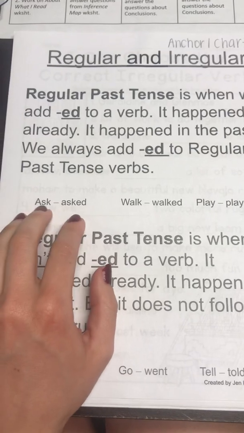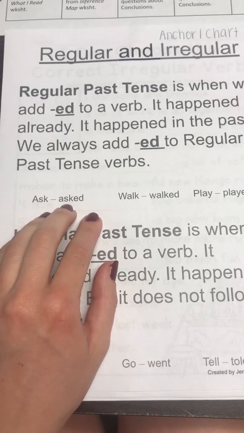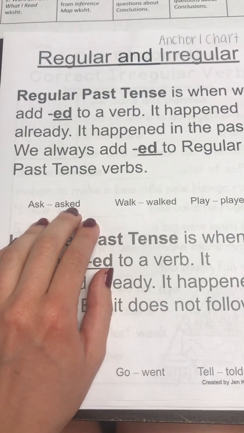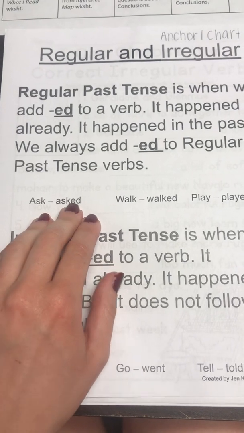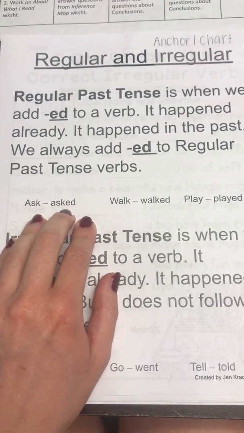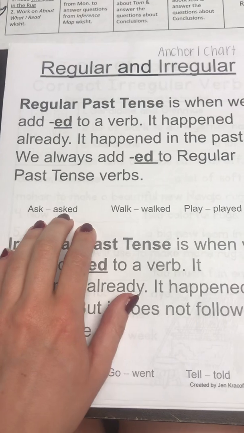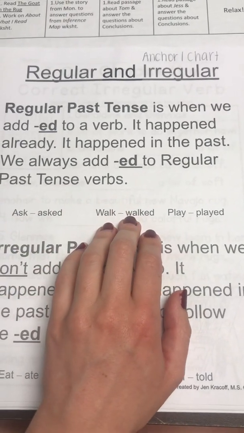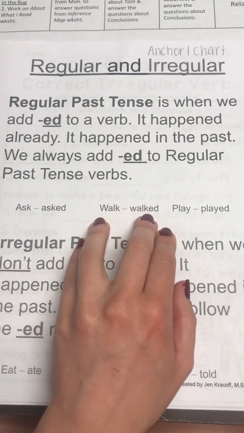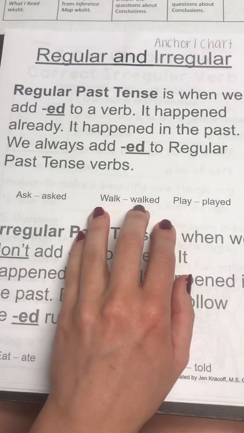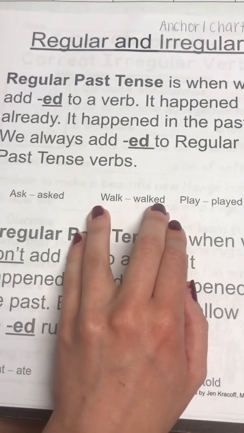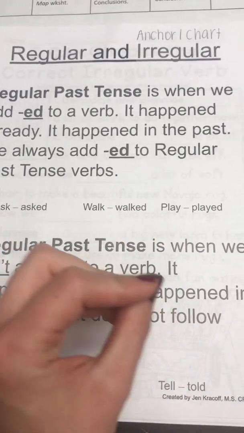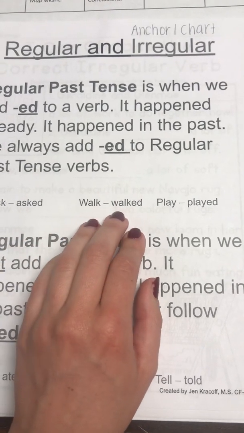So you have ask, and then you have asked. Notice that ed makes the t sound, but we spell it with an ed because it's past tense. Then we also have walk and walked. So walk to walked can also make the t sound even though it is past tense.